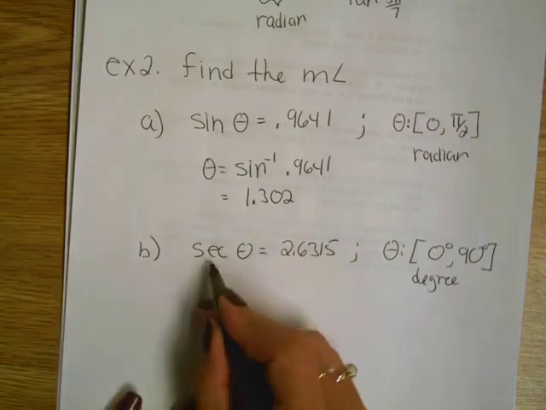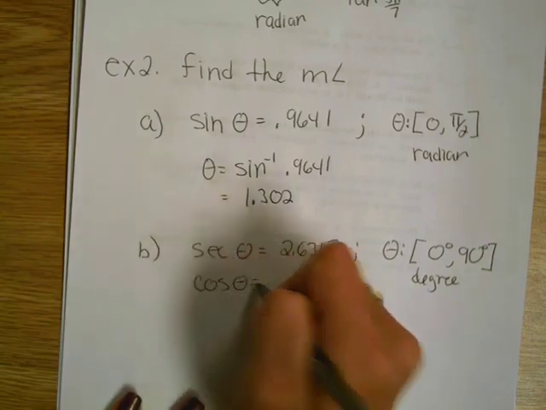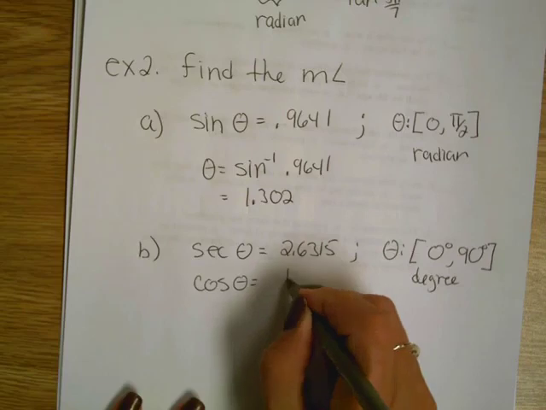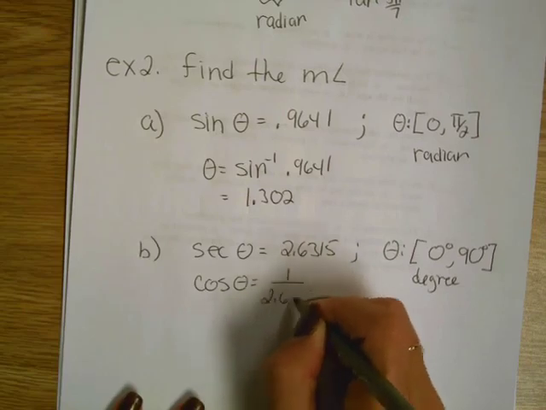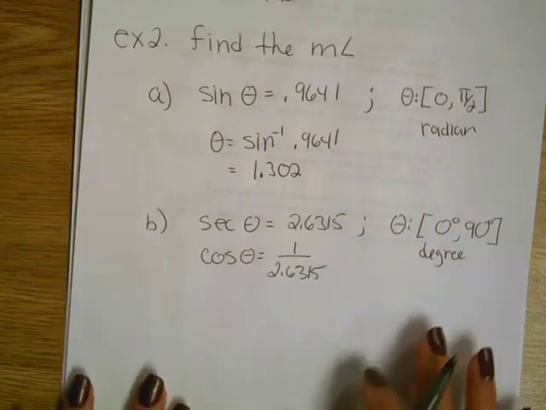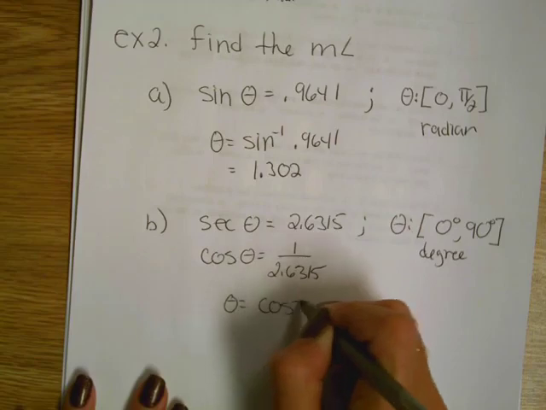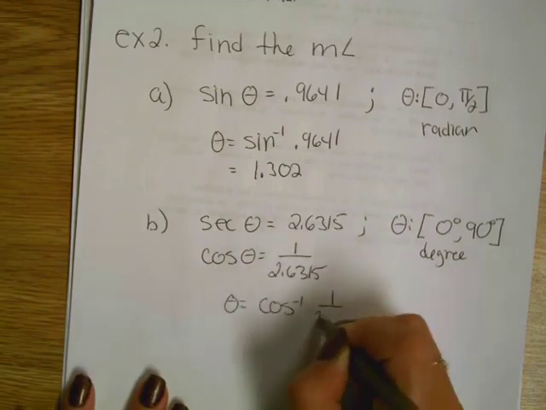But remember, we don't have an inverse secant, but I can switch this to the cosine ratio. It's 1 over 2.6315. Now I can see very easily that to get theta, inverse cosine of the fraction.